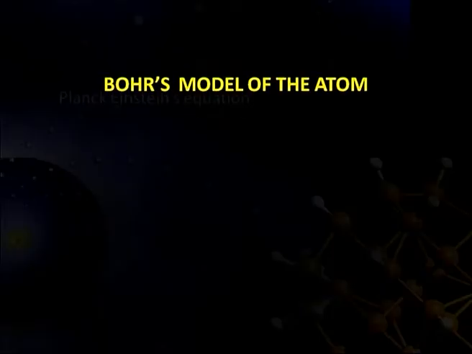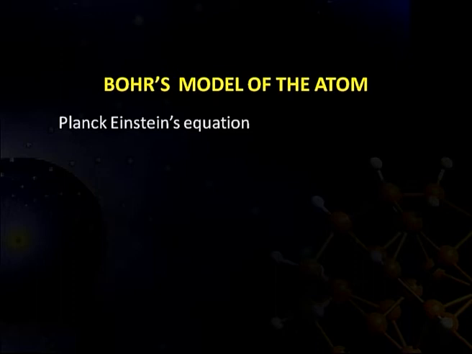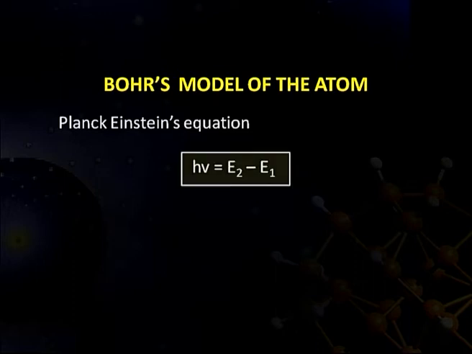If E1 is the energy of the first orbit and E2 is that of the second orbit, then in a jump from E2 to E1 energy level, which is called transition, the frequency of light emitted is given by the Planck-Einstein equation, h nu is equal to E2 minus E1.